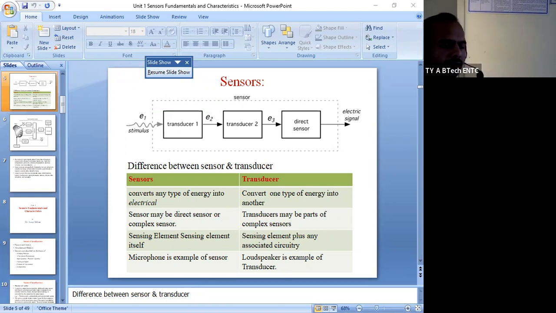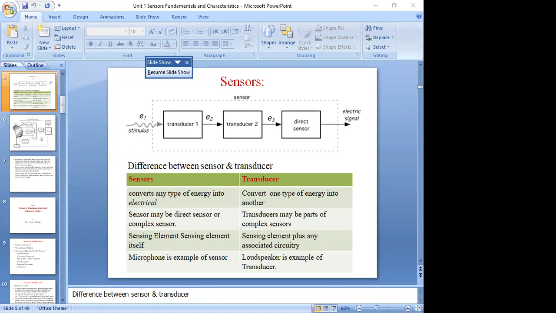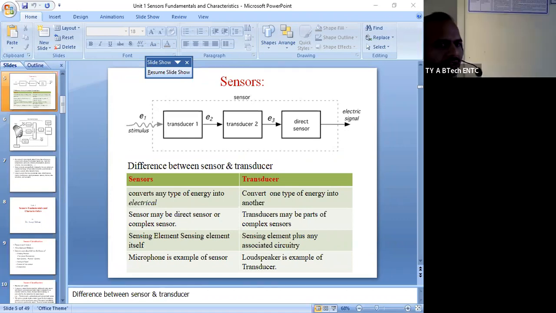So in a sensor-based embedded system, our prime motto is to measure physical quantities and generate the results in terms of electrical quantity only.